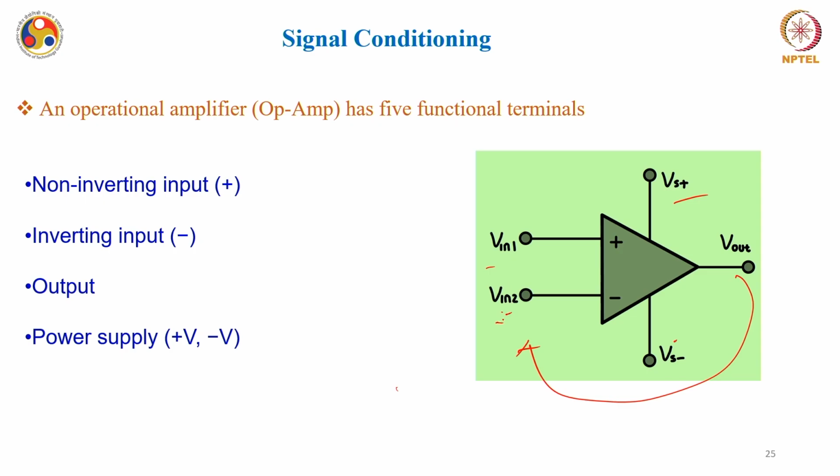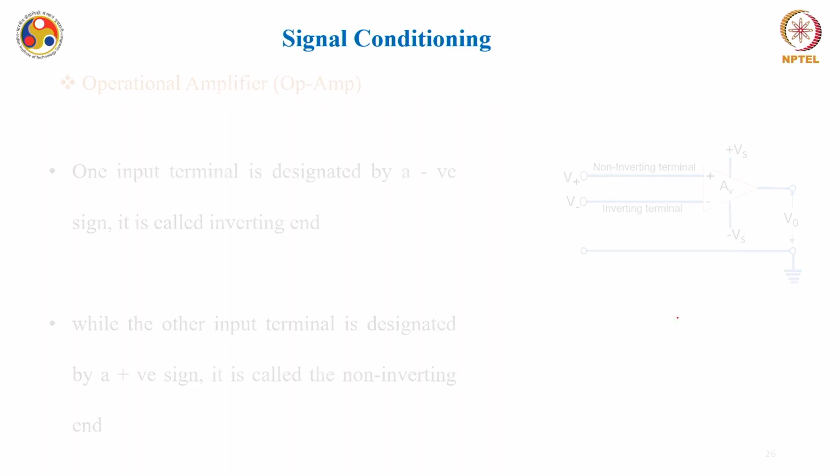Again I will reiterate that the terminal marked as positive is the non-inverting input. Here this is the inverting input, then you have the output, and then you have power supplies V positive and V negative. Sometimes we call it VCC.